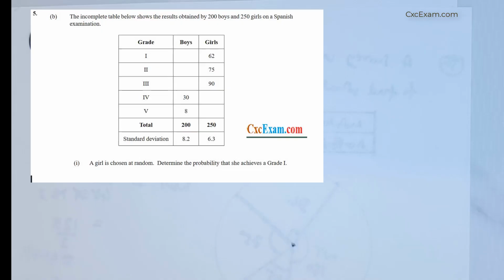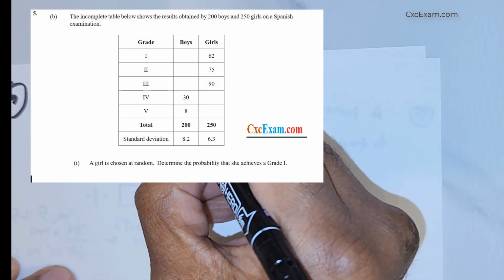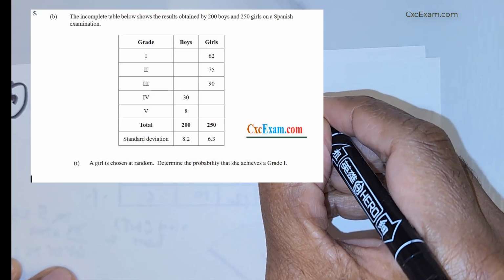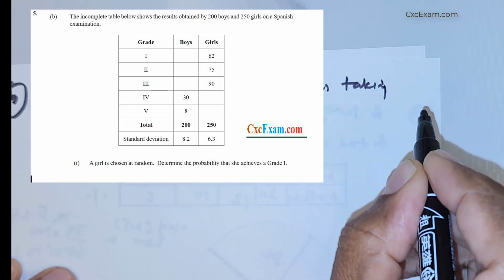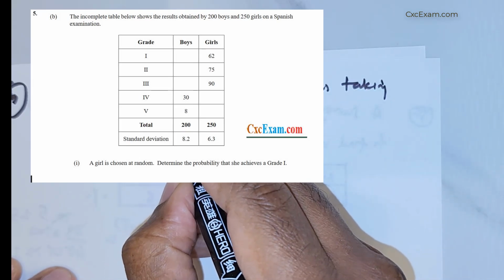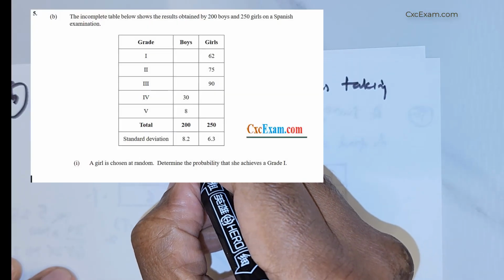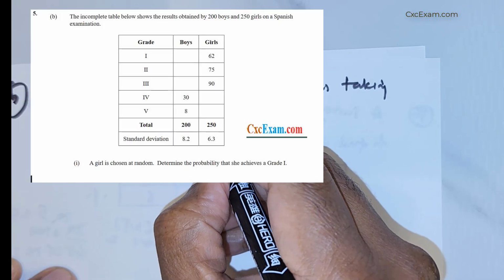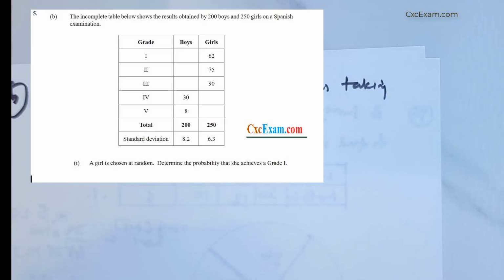Okay, question. We are also given another data. We have 200 boys and 250 girls taking a Spanish exam. So let me draw the table first.